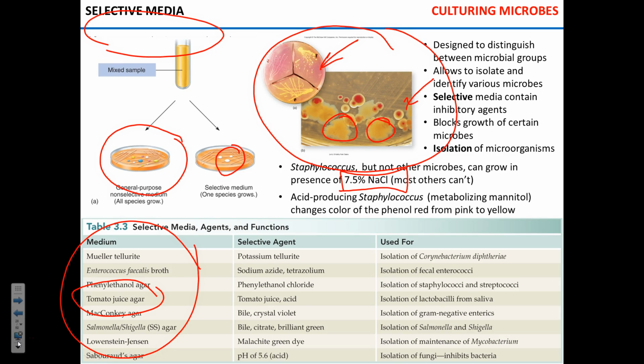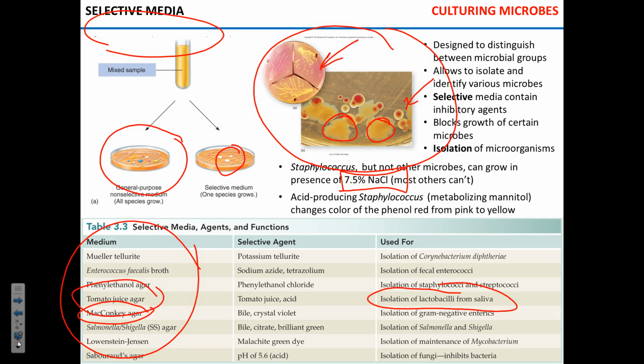Tomato juice agar. What is the pH of tomato juice? Acidic. So this agar should be highly acidic. It's used to isolate lactobacilli. Lactobacilli are microbes that can make different dairy products, like yogurt or buttermilk. Acidic environment is normal for them. So that highly acidic environment inhibits growth of everything else.